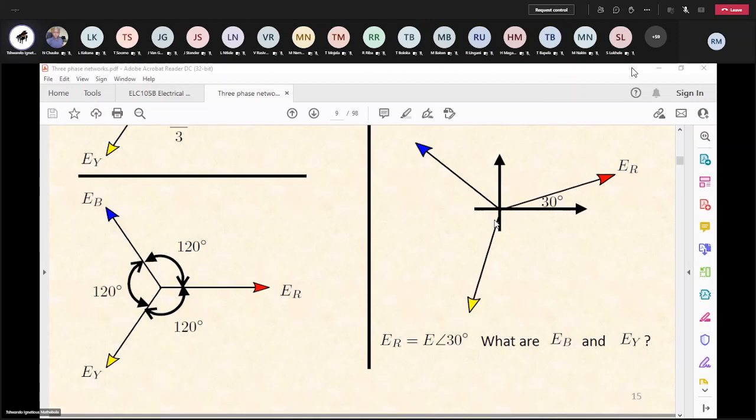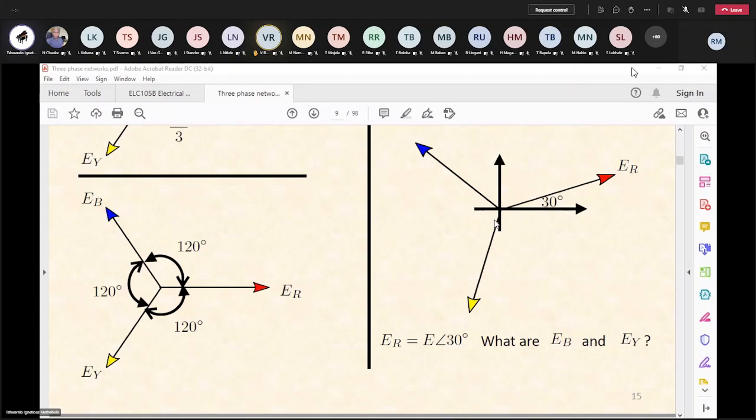So ER is at E angle 30 degrees, and EY would be at E angle, what is 30 minus 120 degrees? Minus 90.